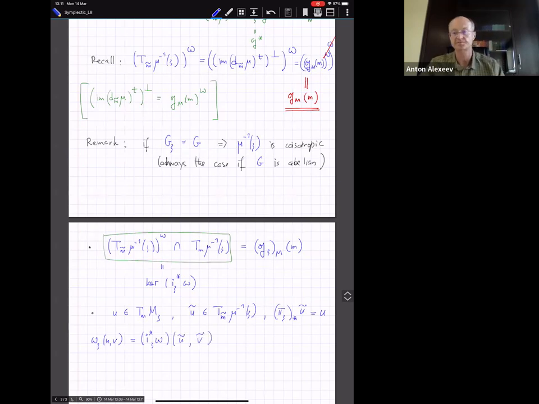So this would be, by definition, this restriction of omega upstairs applied to two vectors. And here, of course, V tilde is also the lift of V.